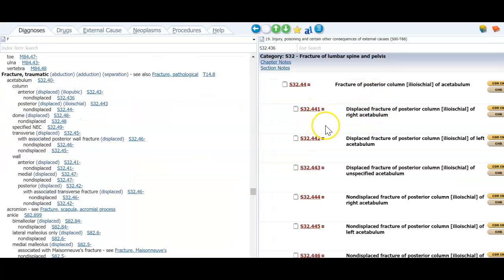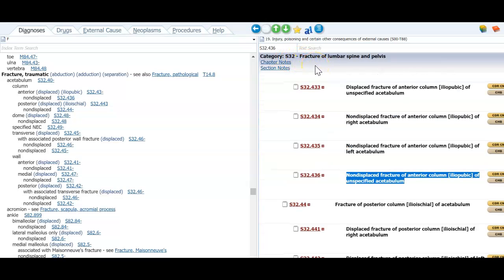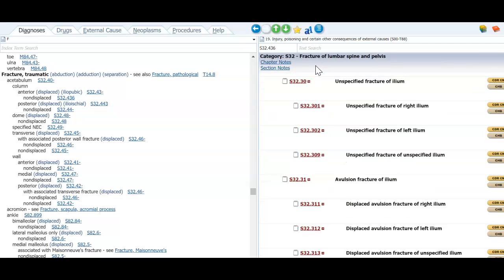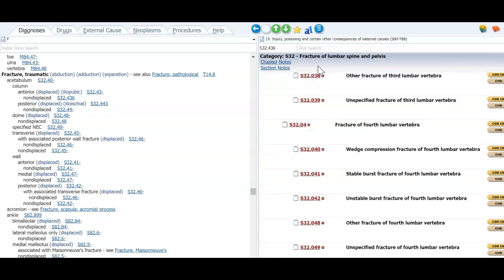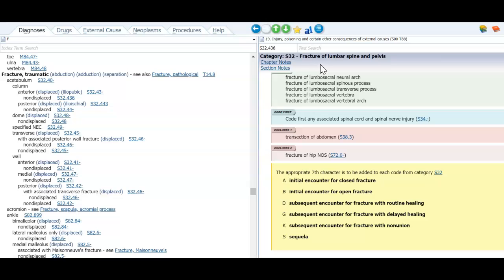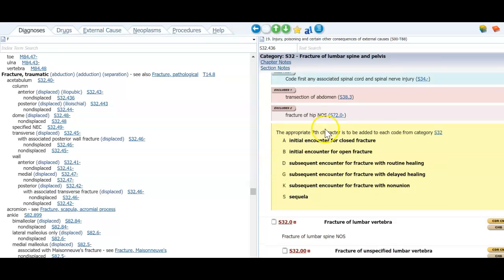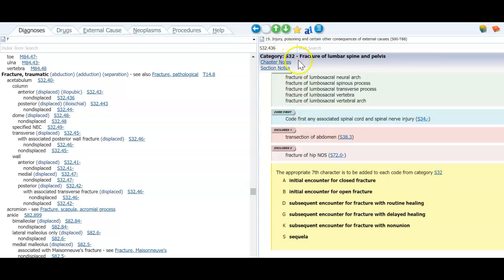If you go to the beginning of S32, go all the way up, you are looking for the category S32. The beginning of category S32 gives you all the different 7th characters to be added. So here we know it's subsequent, so that's why I'm going to go ahead and code that for my 7th character.